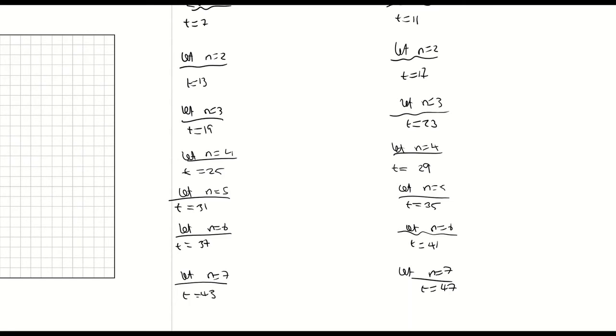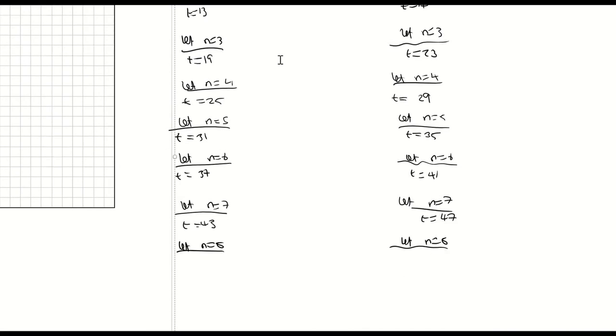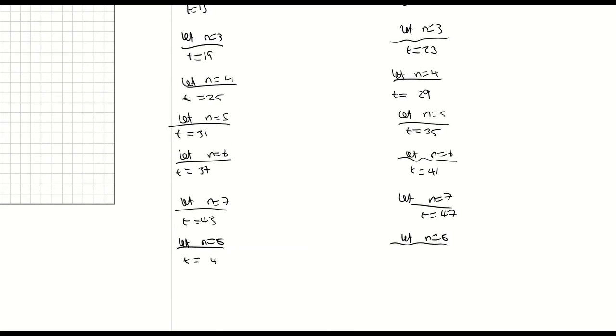And I'm going to go one more time. I let n is equal to 8, and I'm getting t is equal to 49, t is equal to 53.